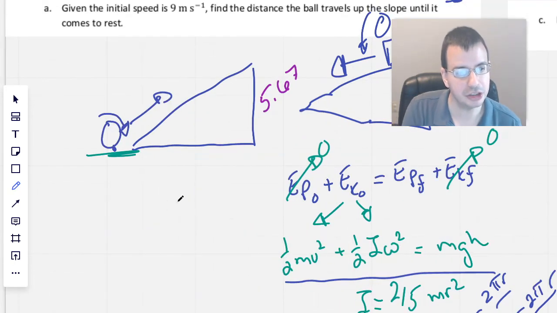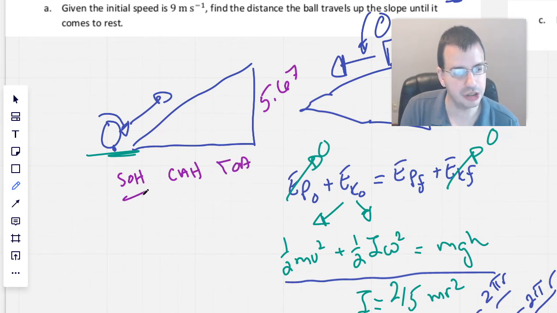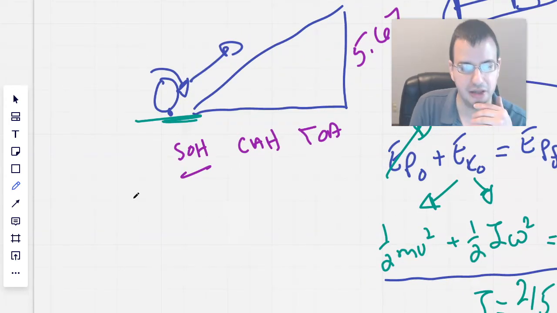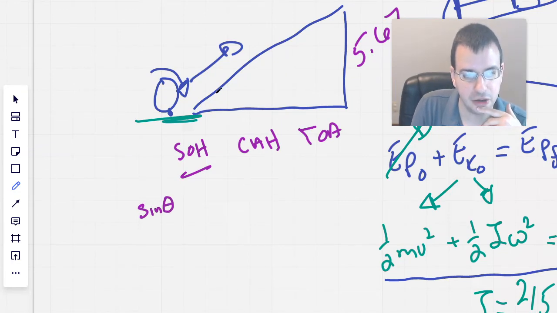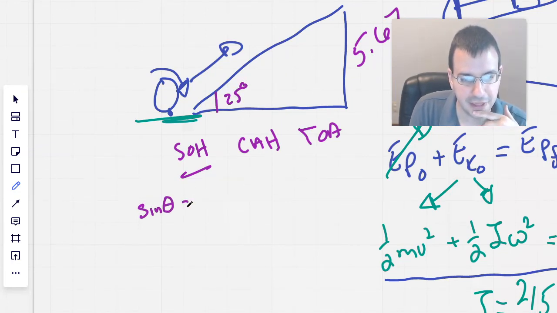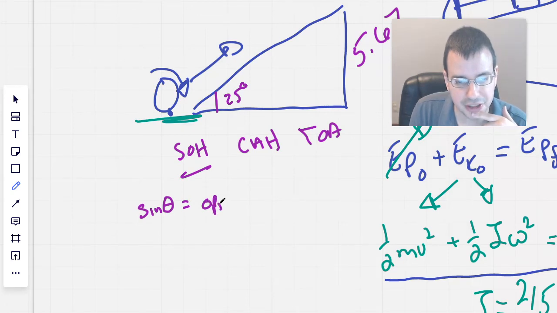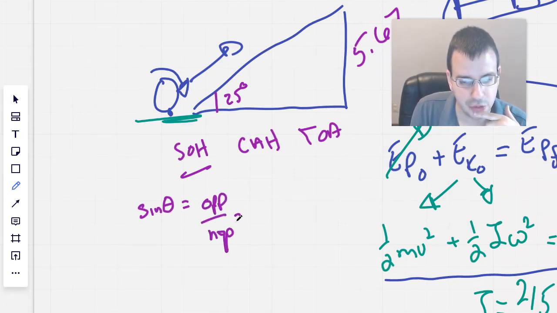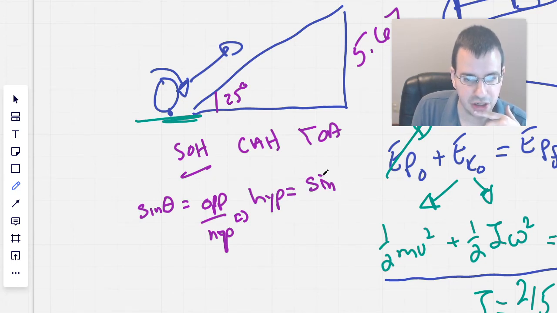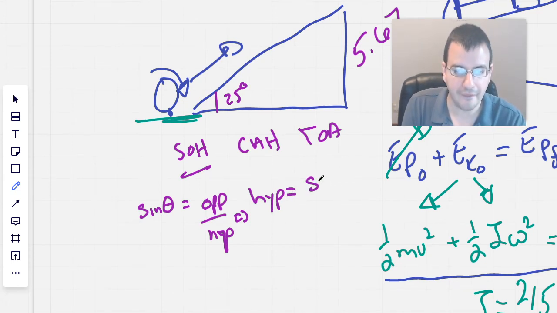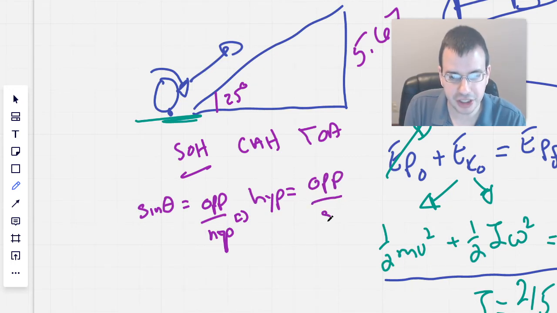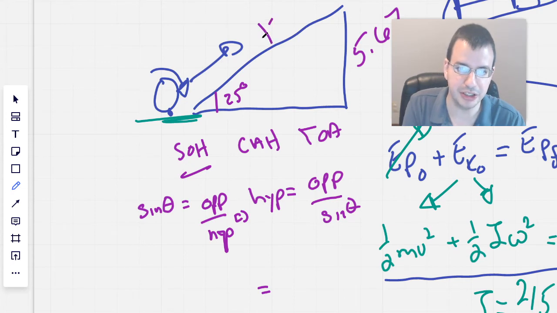And then, so we know we'll do SOHCAHTOA. We're going to use the SO. So we know that sine of theta, which we know is 25 degrees, equals opposite over hypotenuse, which means that hypotenuse equals opposite over sine of theta, which in this case is going to be, I'll call this x.